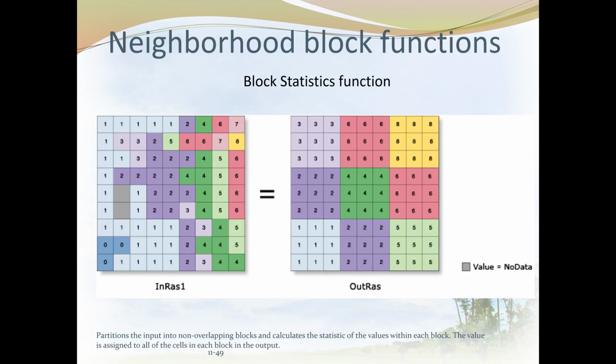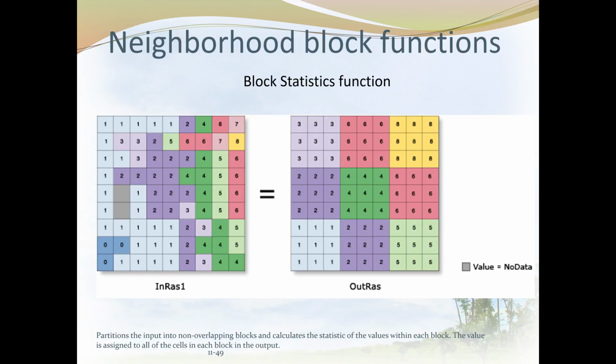Okay, so now we can look at this. A block function moves the window such that it never overlaps the previous window, but it produces a set of side-by-side adjacent windows that are independent of each other. Once the statistic is calculated for the window, every cell in the neighborhood receives the same value before the window moves on, and every cell is used only once.